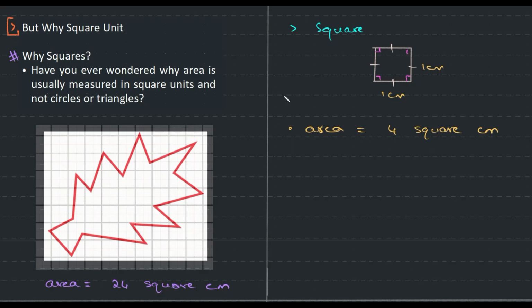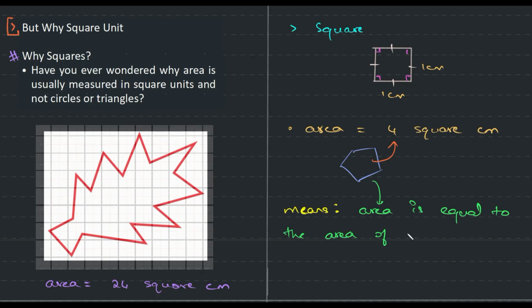So if I have some weird structure like this, and the area is 4 square centimeter, what it means is the area of this particular structure is equal to the area of 4 squares whose side measures 1 centimeter. That's the whole funda. That's it. As simple as that.